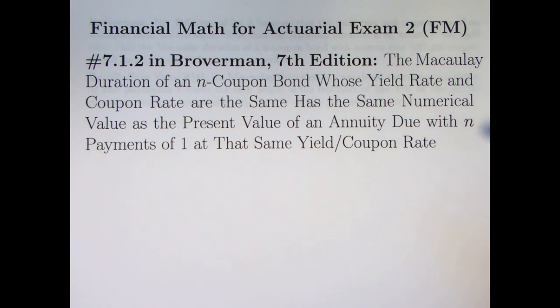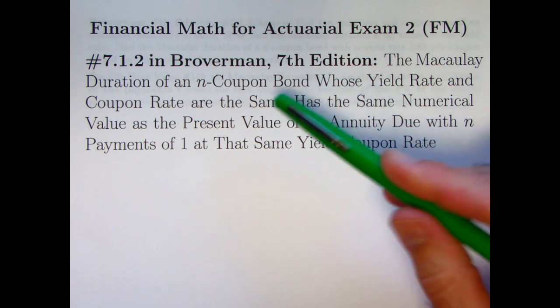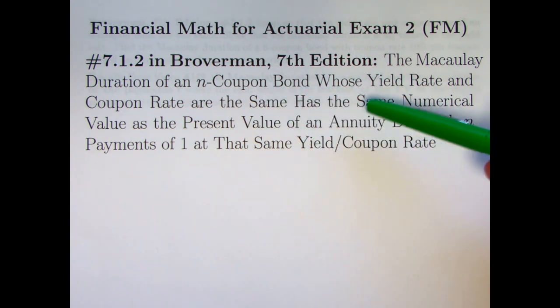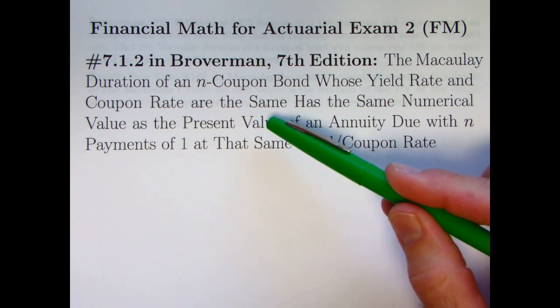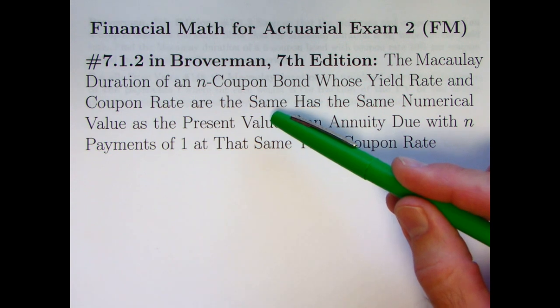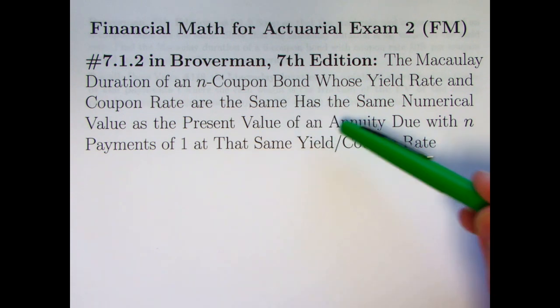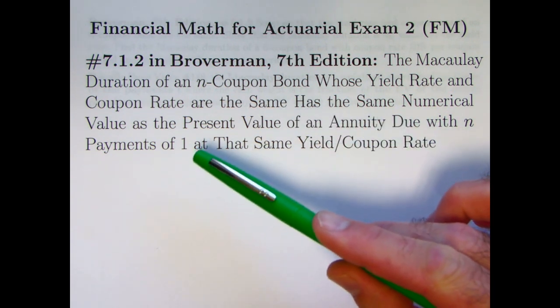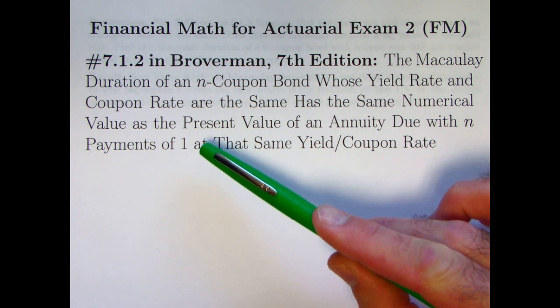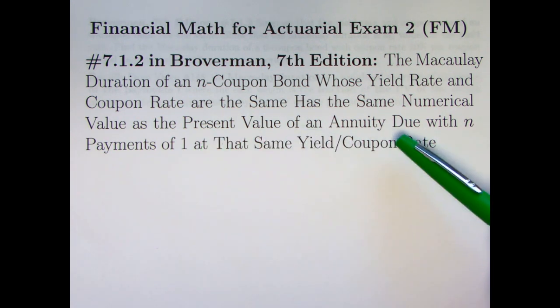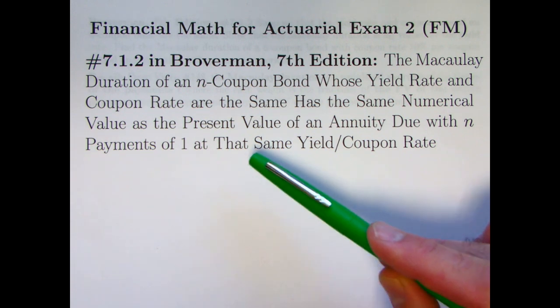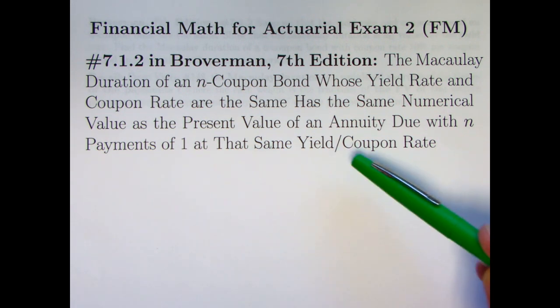This particular problem is kind of hard to describe. It's hard to understand this description here. Let me just try to break it down for you. We're going to be seeing that the Macaulay duration for an N coupon bond whose yield rate and coupon rate happen to be the same, that duration, which is a weighted average of times of payments and whose units would be in number of payment periods, like number of years, has the same numerical value but different units as, wow, this is amazing, the present value of an annuity due with N payments of 1 at that same common yield / coupon rate.